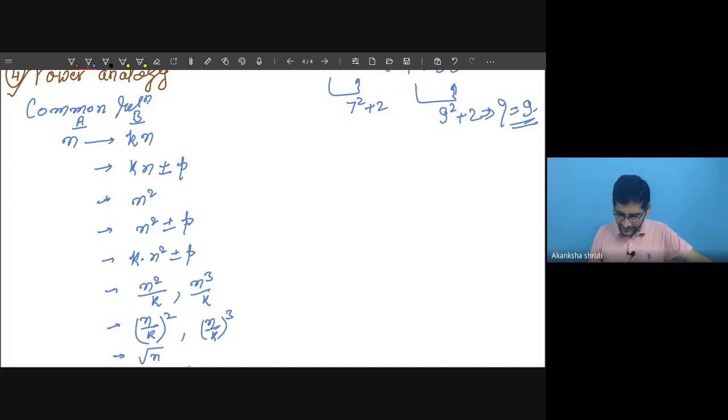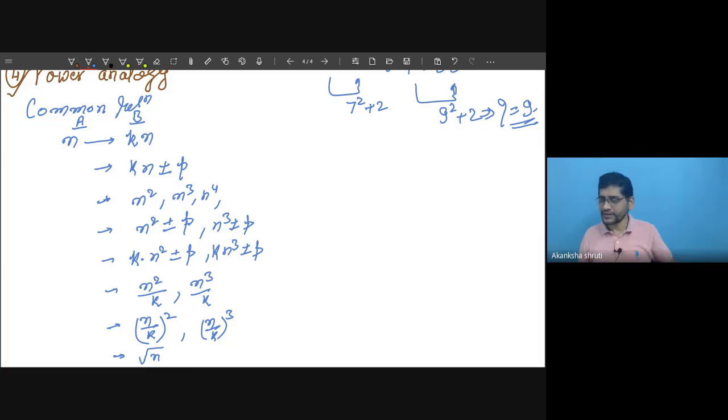So these are falling in the power. So n square, maybe your n cube, maybe your n to the power 4, something like that. It may be like your n cube plus or minus p. It may be like your kn cube plus or minus p. So these are the most common that we have to observe carefully. So these are the most common relations that we must think for.